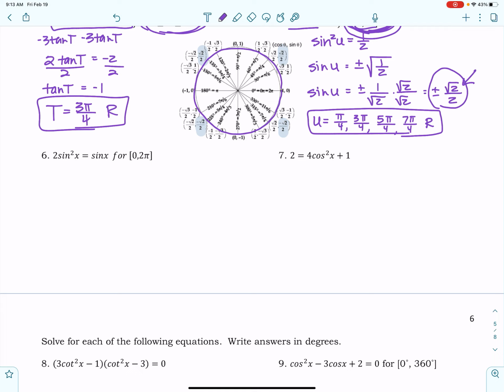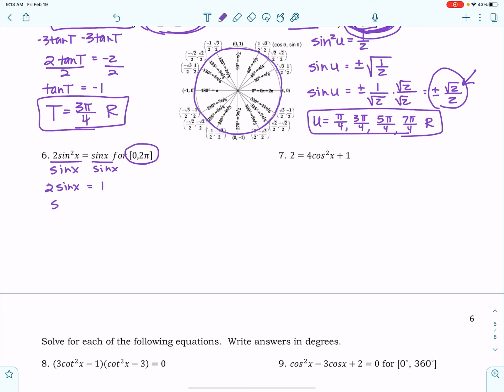Okay, let's look at number 6. Again, I have to manipulate this algebraically, and it is restricted to once around the unit circle. So let me erase this stuff. Okay, so I've got 2 sine squared x equals sine x. The easiest thing to do here is going to be to divide both sides by sine x, because then I end up with 2 sine x equals 1.